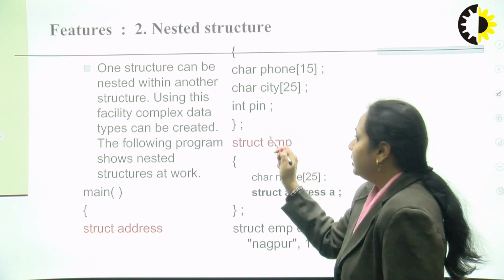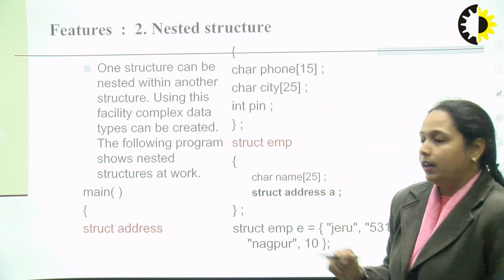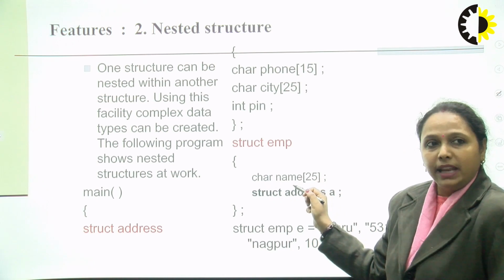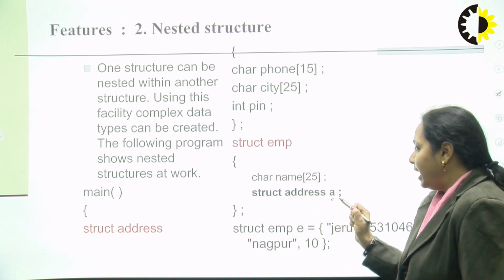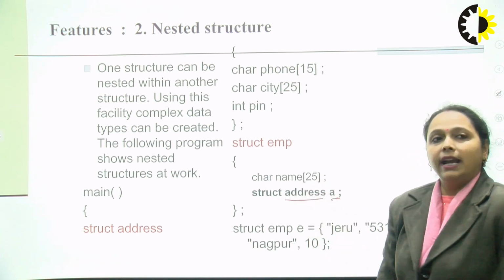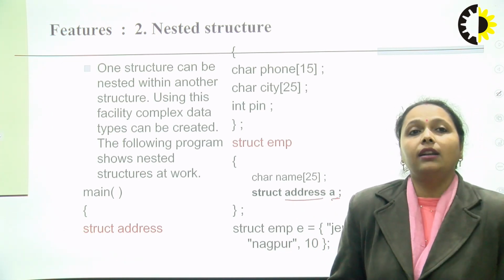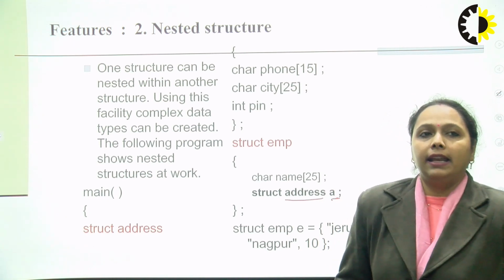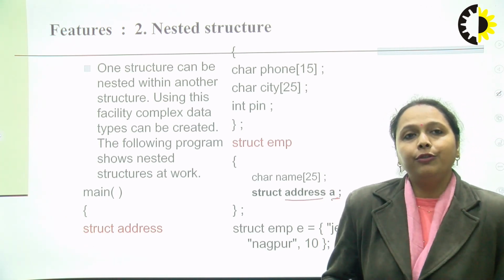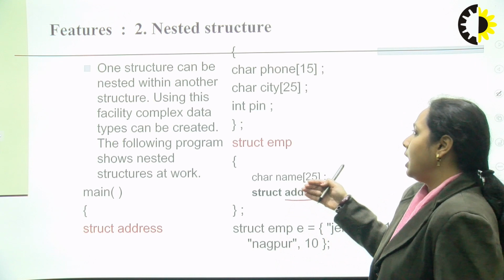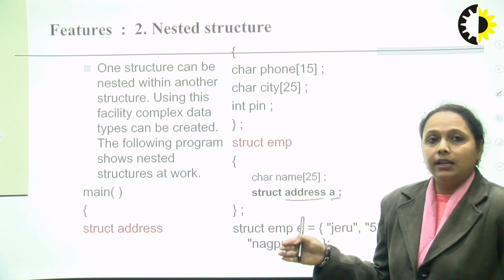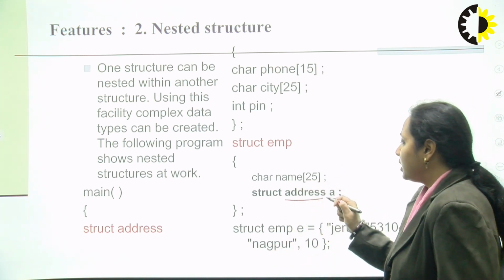Now another structure, employee, has been created, which contains a character type name and a variable A whose data type is address. This is nesting of a structure. Meaning we are declaring a variable of a different structure within another structure.